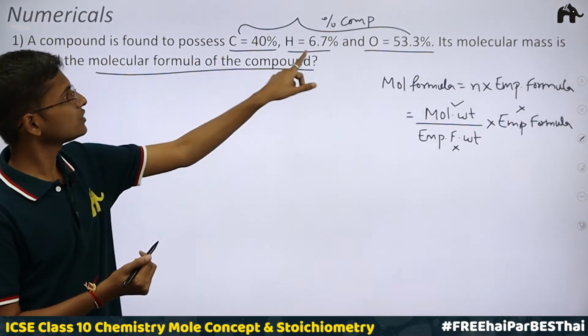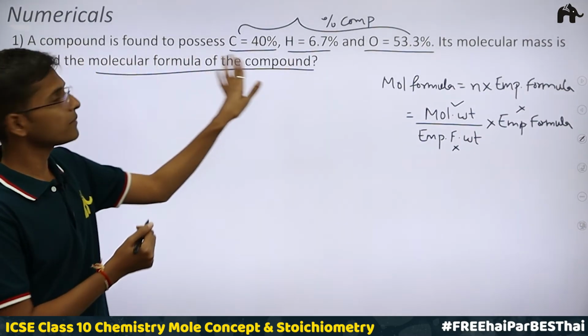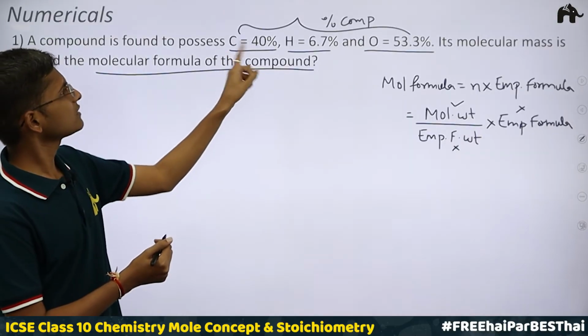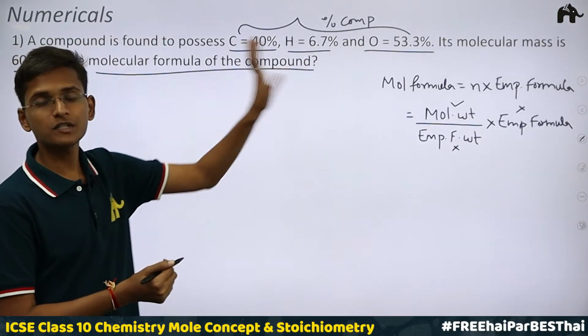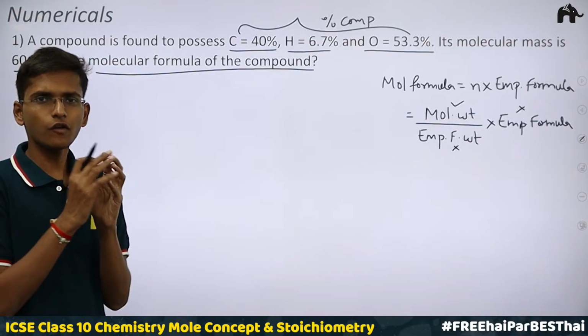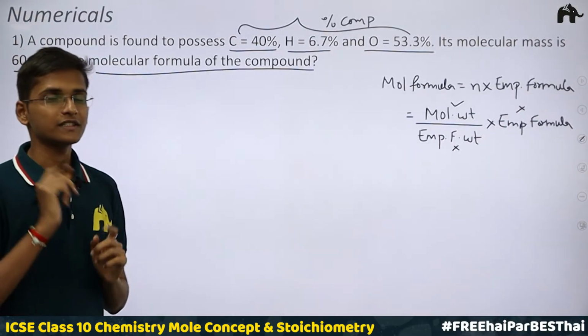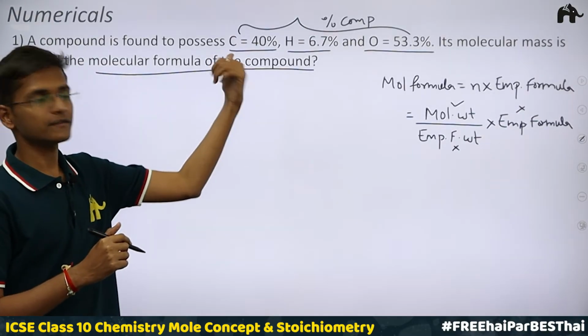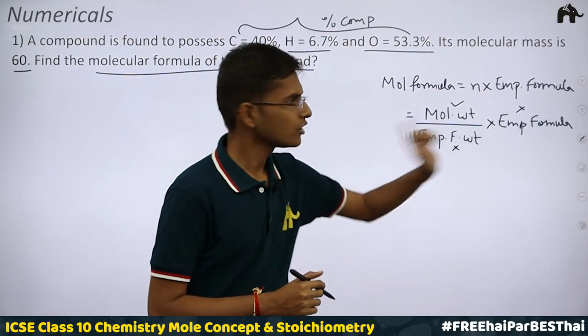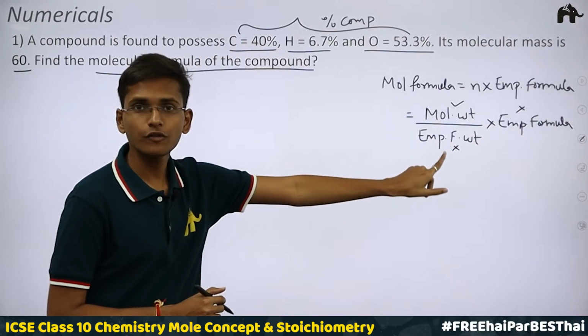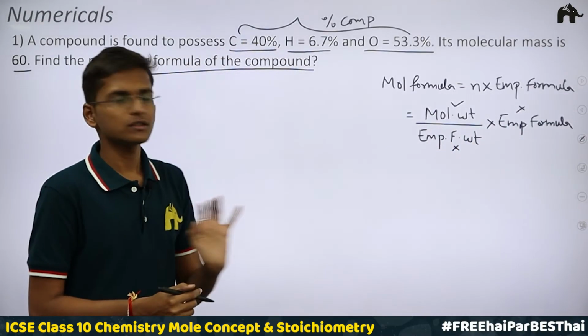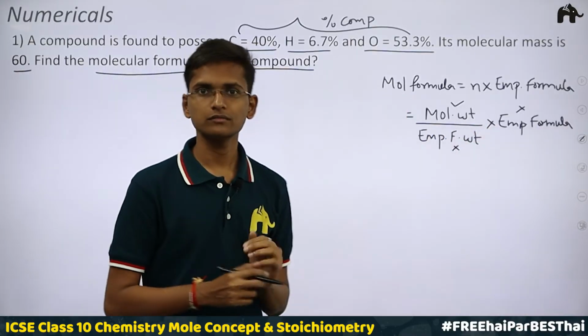The percentage composition, or the percentage by weight of the elements present in the compound, is given. With the help of this, we can first find the empirical formula, right? Once we know the empirical formula, we can find the empirical formula weight, and molecular weight is given to us. So all three things are known, and we can find the molecular formula.